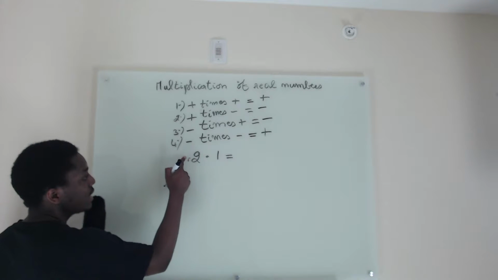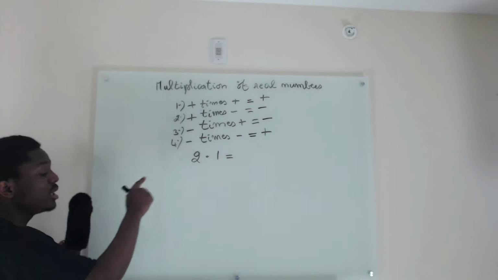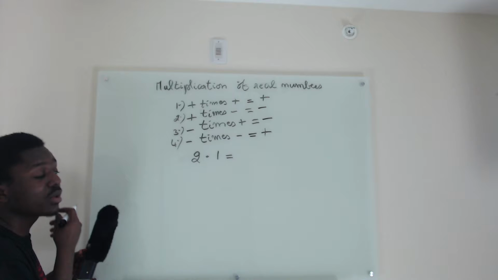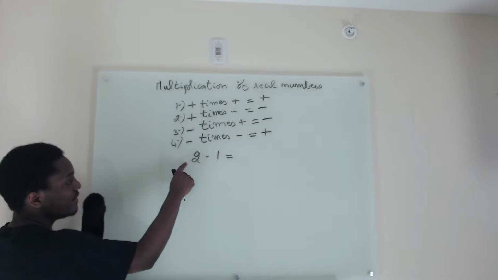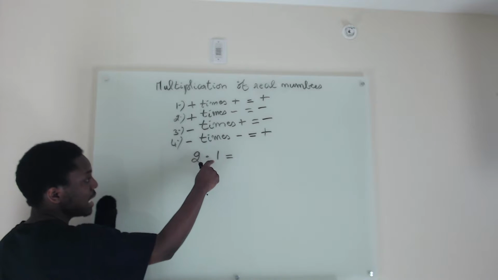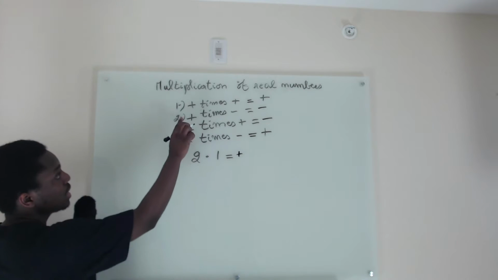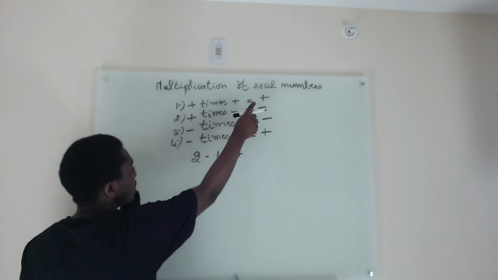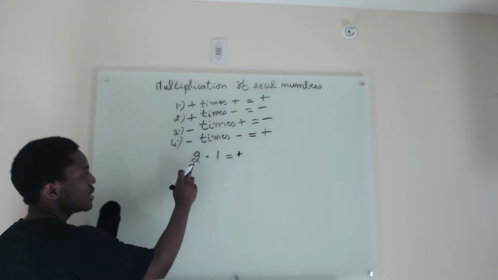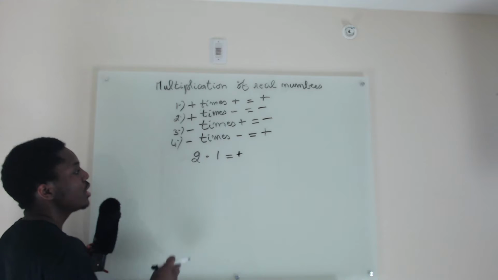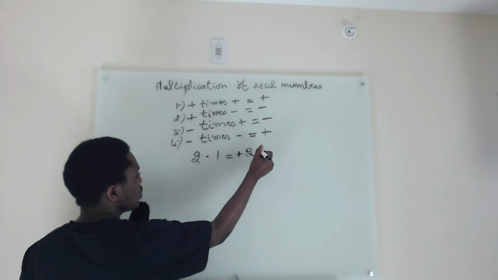Before we multiply the numbers themselves, first we have to multiply the signs. So plus times plus is plus. As you can see here, plus times plus is plus. Now, after you multiply the signs, then you multiply the numbers. So 2 times 1 is equal to 2.